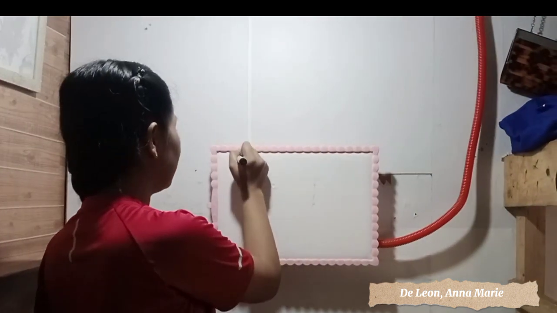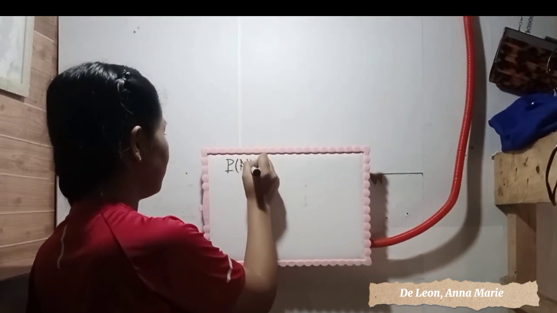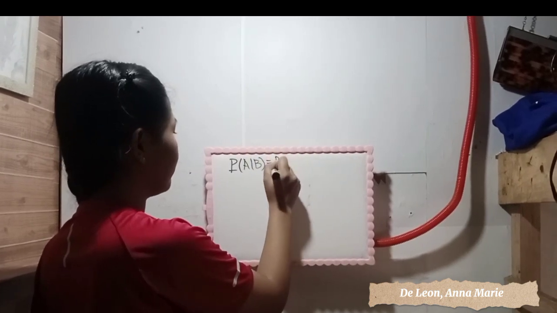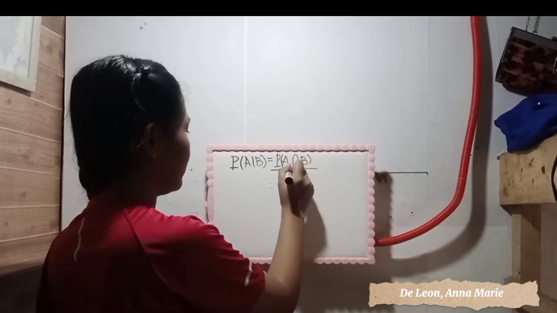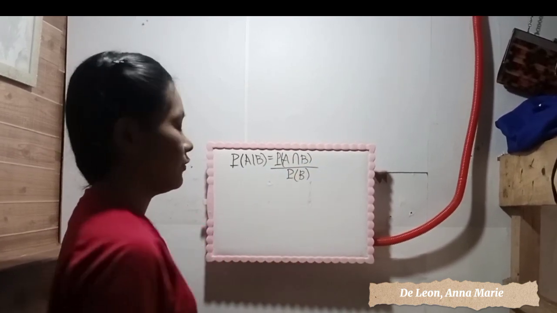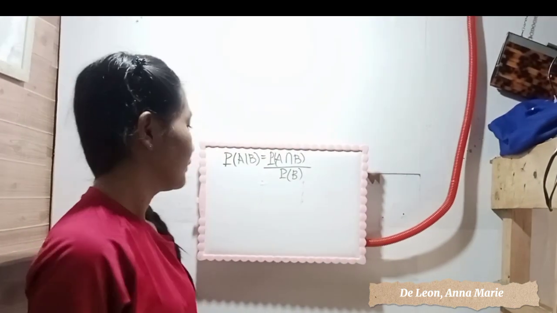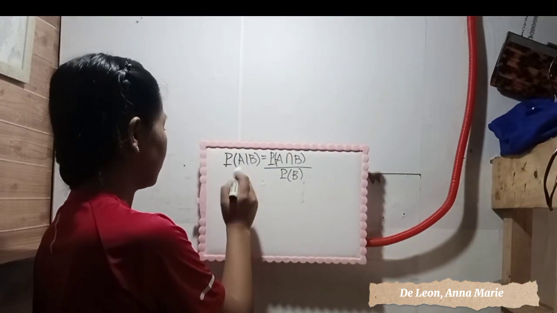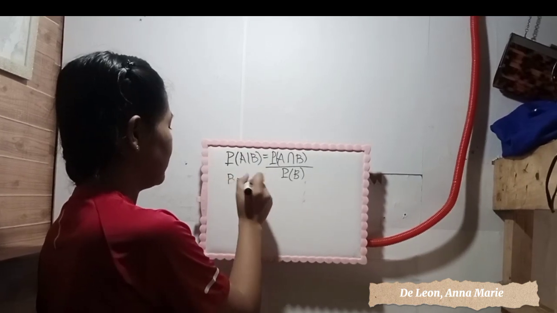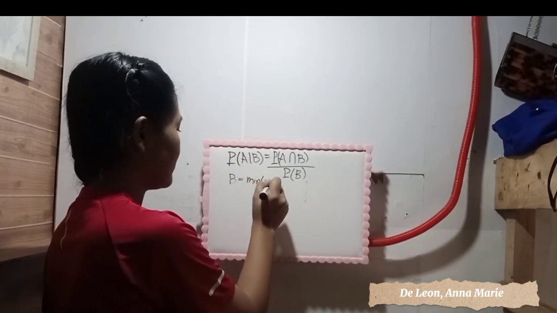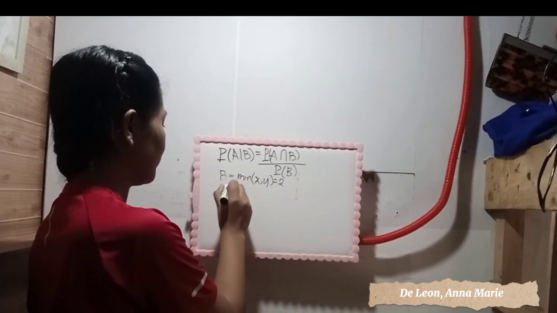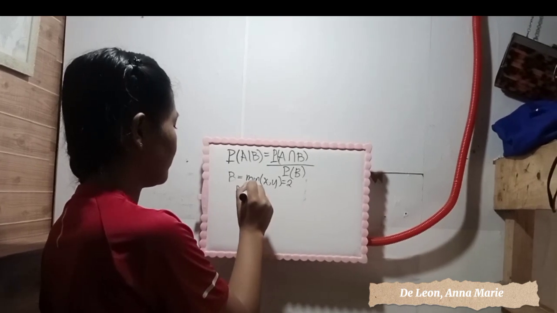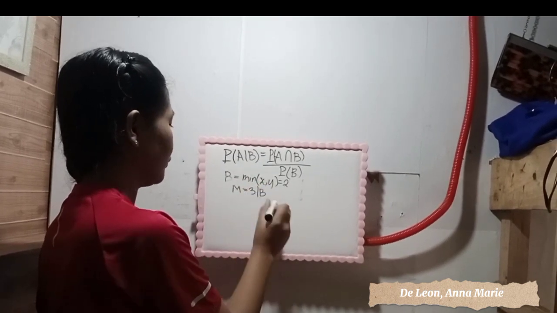It's conditional probability, and the formula is the probability of A given B is equal to the probability of A intersection B divided by the probability of B. For example, two rolls of a four-sided die, and let B be the minimum of X and Y is equal to 2, and the maximum is equal to 3 given that the minimum is 2.